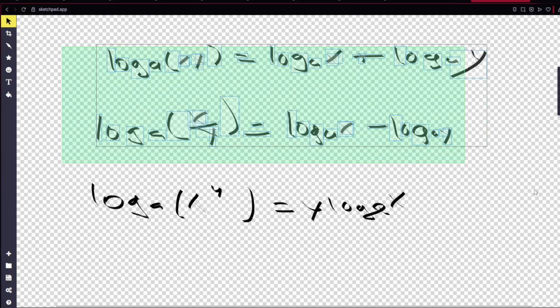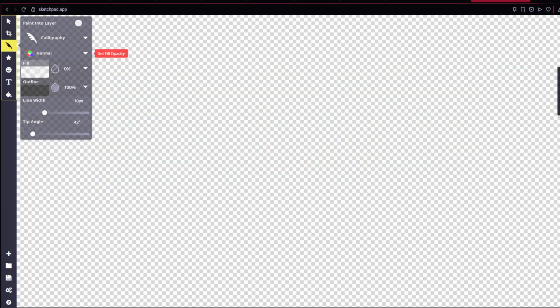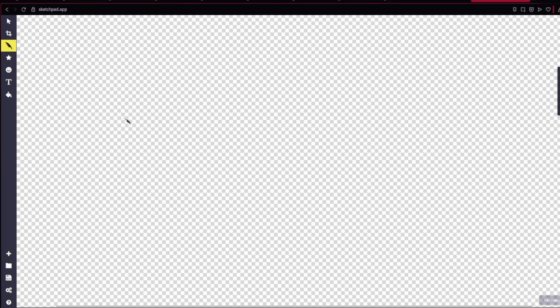Change of base, this is really not necessary anymore, but I guess they use it. I'm not too sure why. Well, we have to remember that calculus was done in the 1700s and 1800s and so forth, and they didn't have calculators back then, which is why linearization is really interesting.